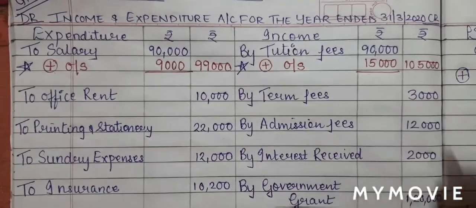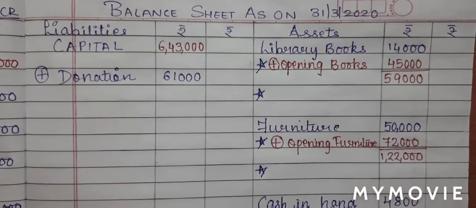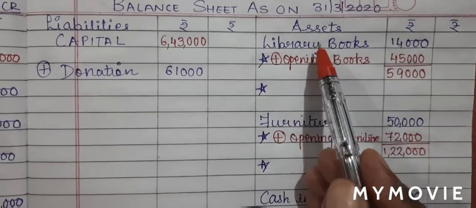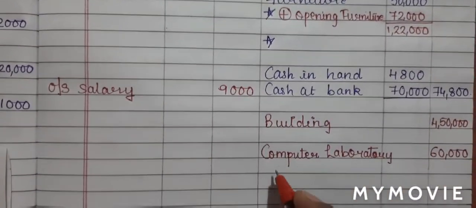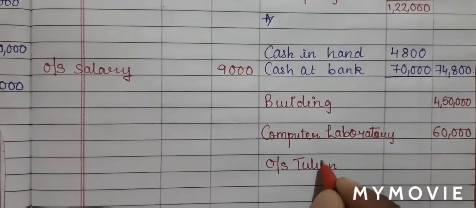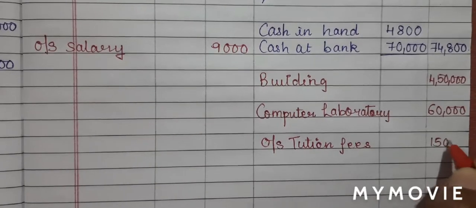This is my first effect for outstanding tuition fees. My second effect will be on the asset side because it is an income. So I'll write outstanding tuition fees. In the outer column, 15,000.